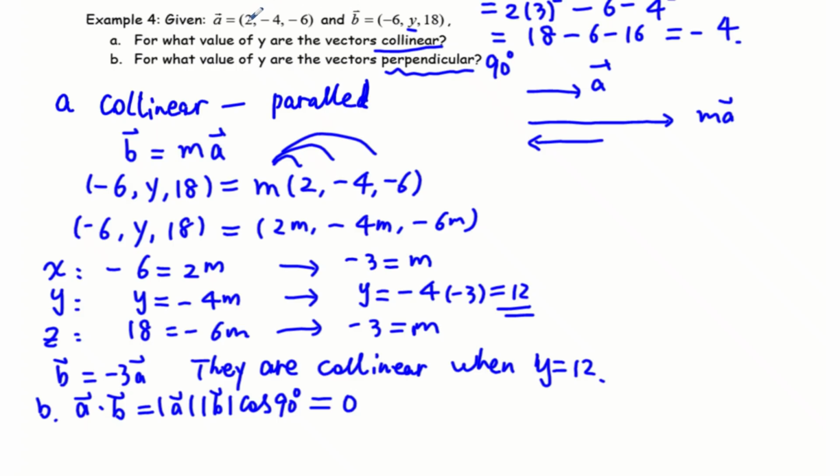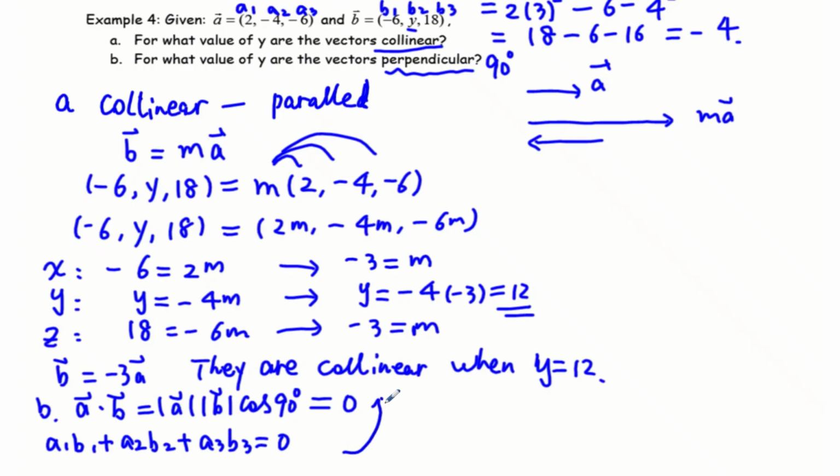A dot B is x times x, y times y, and z times z. So it will be A1 B1 plus A2 B2 plus A3 B3 equals 0, and A1, A2, A3 are just the x, y, z directions.